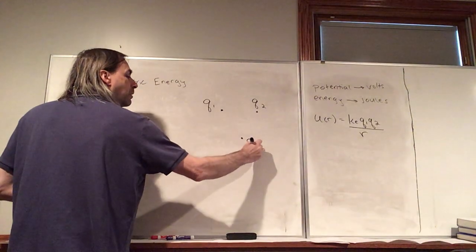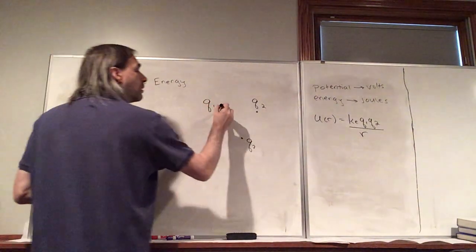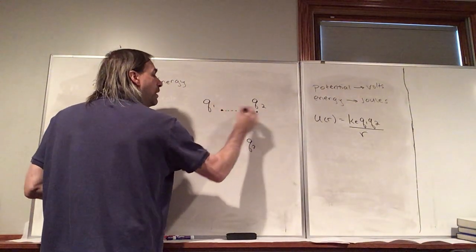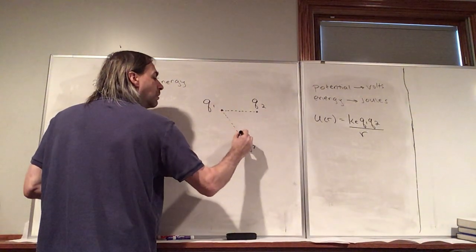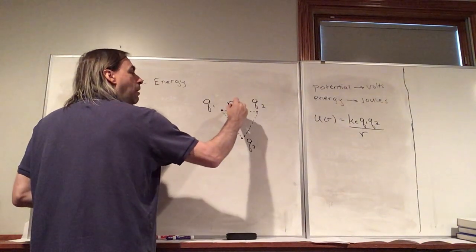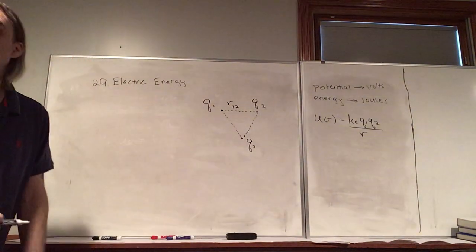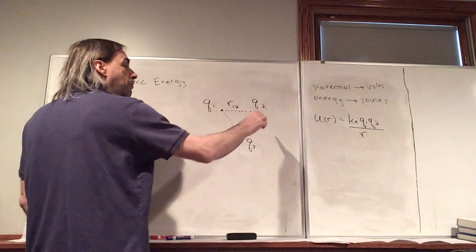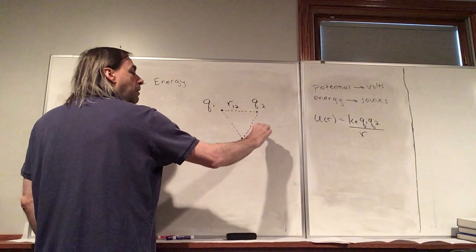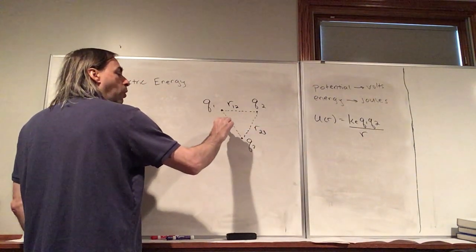They'll naturally form a triangle, and there are distances between them. Let's label this R12, the distance between charges Q1 and Q2. Similarly, we'll call this R23, and this is R13.